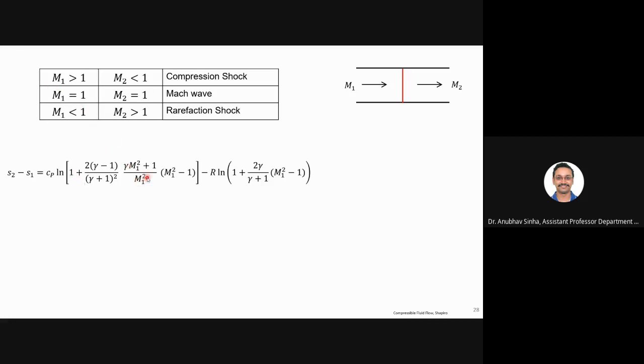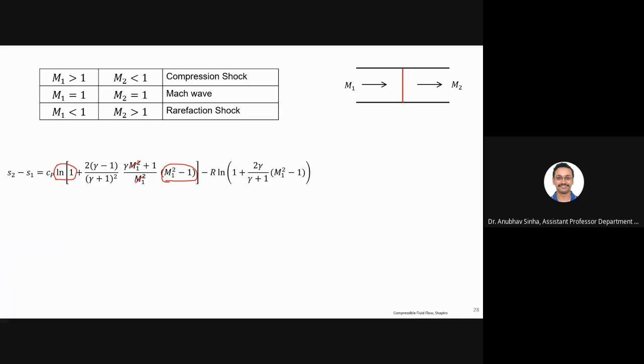One example is very easy that I can show you. Let us say M1 is equal to 1. M1 is equal to 1, so this term will go and this will become 1. M1 is 1 means this is 0, so this whole term will become log of 1.